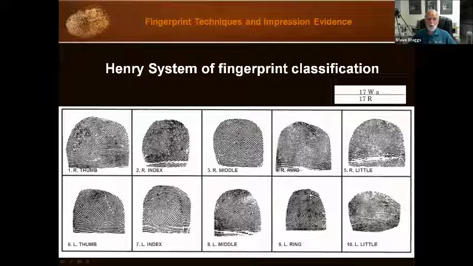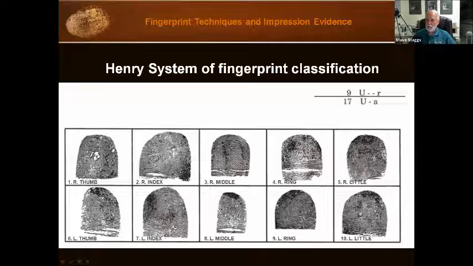Well, the only thing that qualifies of those is the plain arch that happens to be in the middle finger of the right hand. So we put an A following the W. Small letters for the right hand go up. Small letters for the left hand are below the line. That's how we do it.